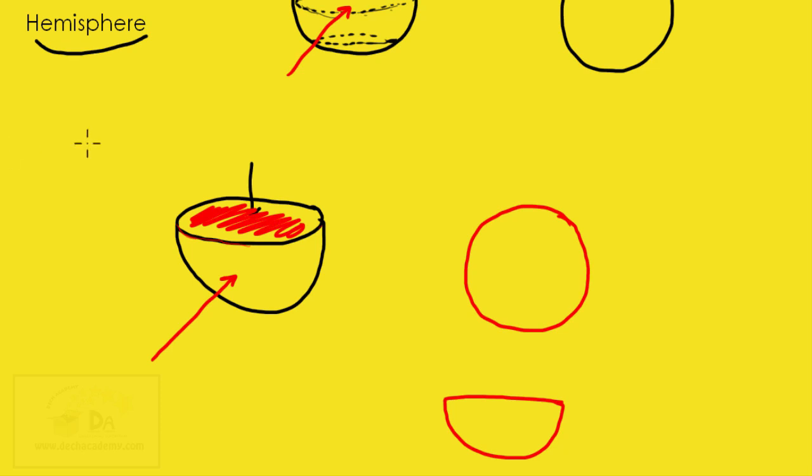Imagine I take a point, I'll just draw another hemisphere. So this is a hemisphere, and this is a point A on this top surface, and this is a point B also on that top surface, and this is the center O of the circle, where the circle is this top surface, right?